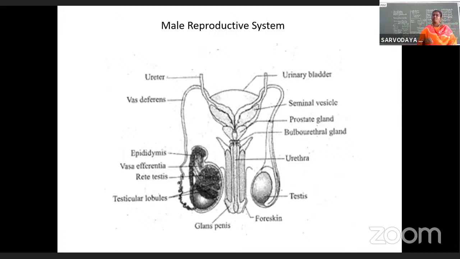Sometimes the question may also appear as: explain the human male reproductive system. Now remember, whenever the question begins with explain or describe, it's a diagrammatic question.